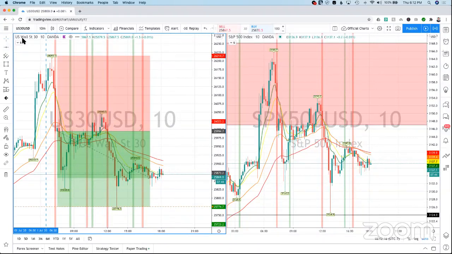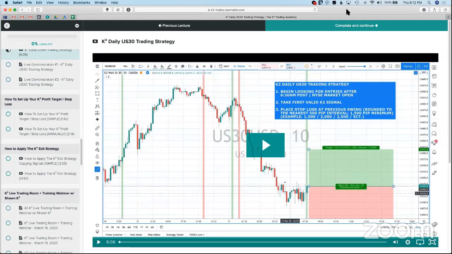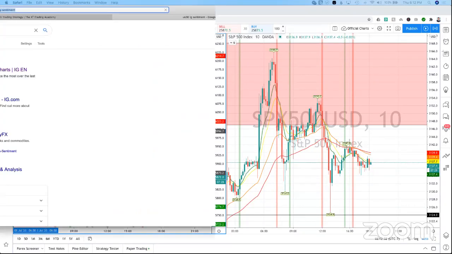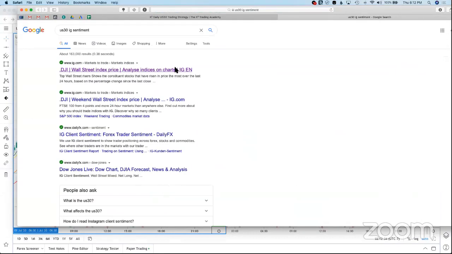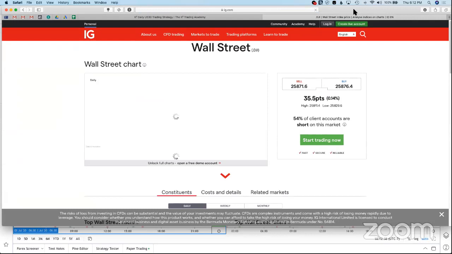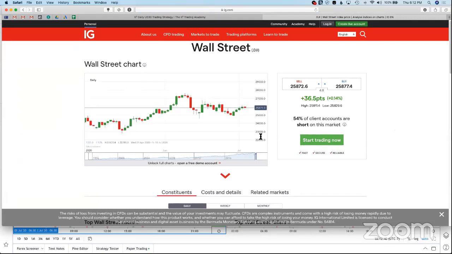Let me look at the IG sentiment. So US 30 IG sentiment. So it looks like the market is pretty split right now. It looks like 54% of people are short.